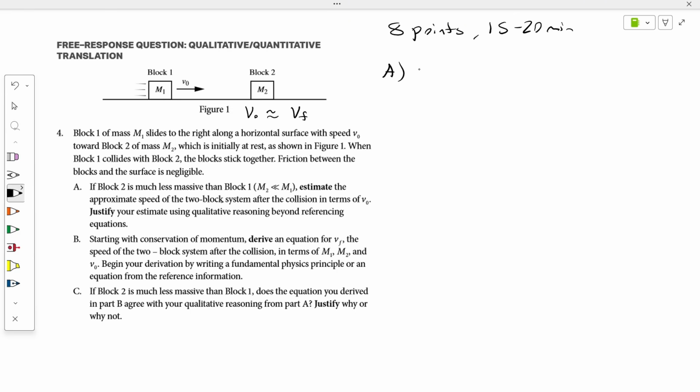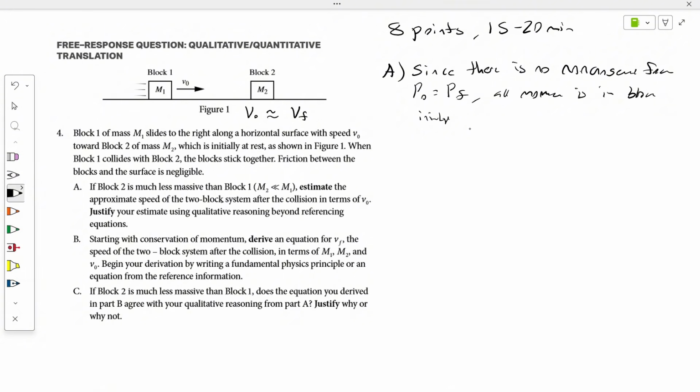And so we can say something like, since there's no non-conservative forces, the momentum initial equals the momentum final, or basically momentum is conserved. And so all of the momentum is in block 1 initially. And so at the final, block 2's momentum is going to be very low because it has such a low mass.